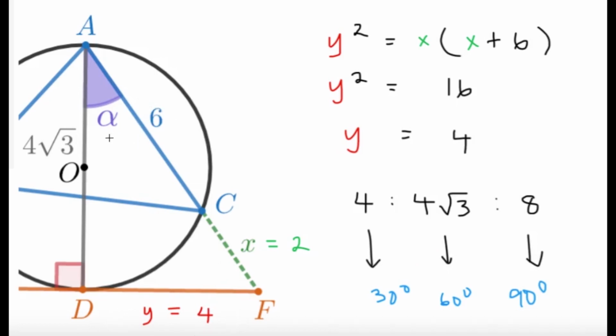Therefore, we can conclude that alpha will be equal to 30 degrees. Angle DFA, opposite the side with length 4 square root of 3, is going to be 60 degrees. And since this is a right angle, that's 90 degrees. So we have a 30, 60, 90 triangle in this figure.